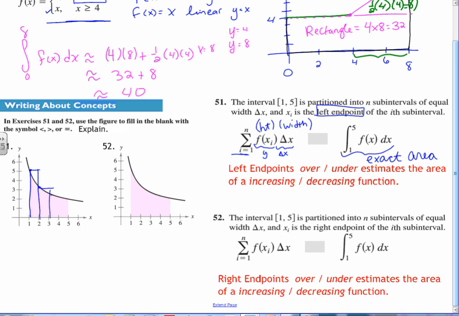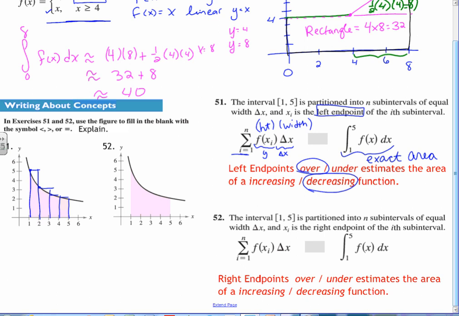And since this is a decreasing function, we're going to have some overage, right? I would say this left endpoint leads us to an overestimation of the area because we have a decreasing function. That means values on the left side are bigger than the values on the right side as it decreases.